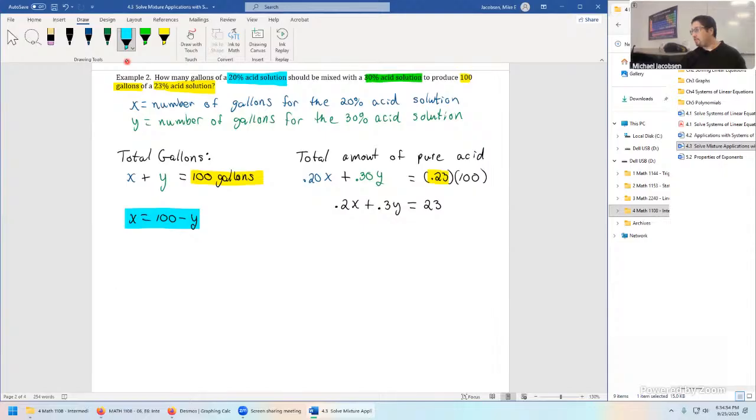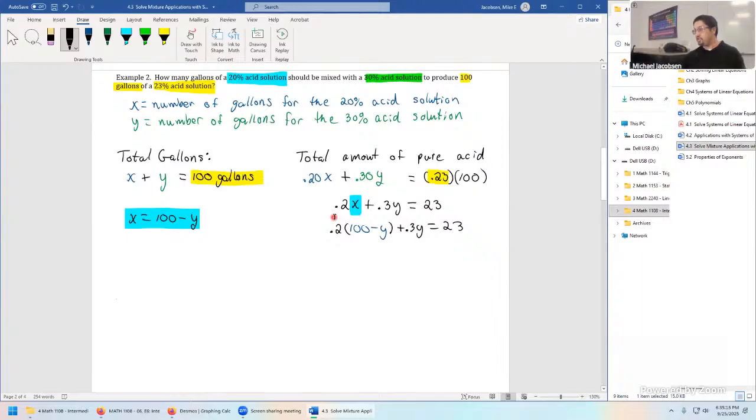So that whole thing for x is going to substitute here on the right-hand side. We just have to be mindful of parentheses. 0.2 times (100 minus y) plus 0.3y equals 23.